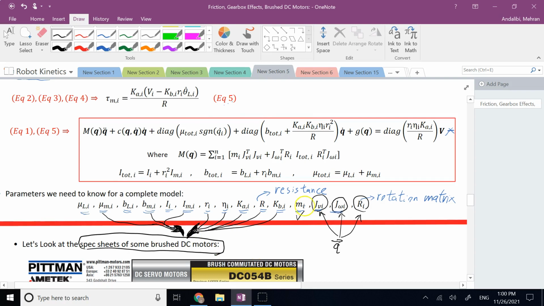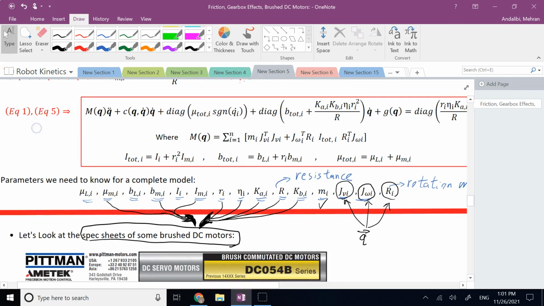And then what? You have the mass of the links, you have the inertia of the links that you can basically get from the design of the robot, and then the frictional terms on the links should also come from, again, the robot. So this term, this I, and this M, these 4 terms also come from your robots.